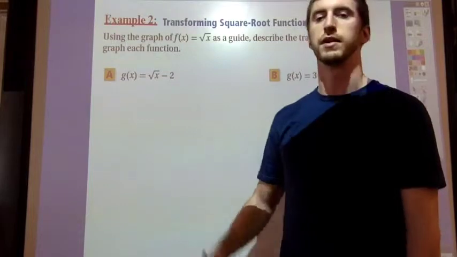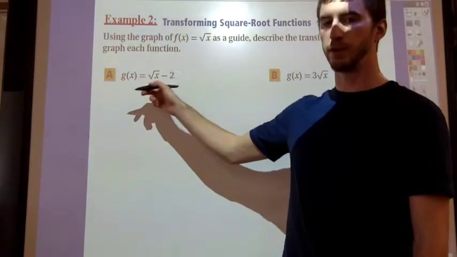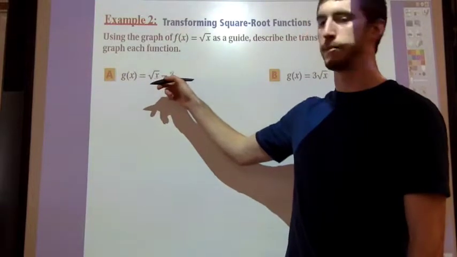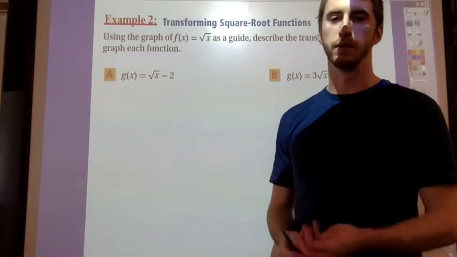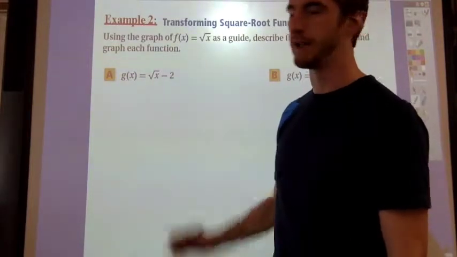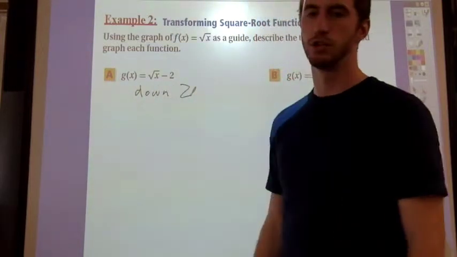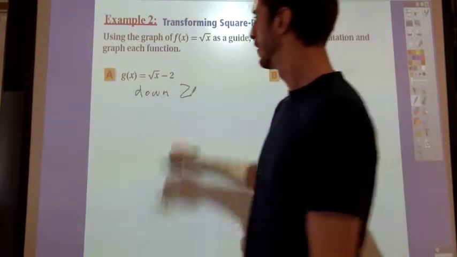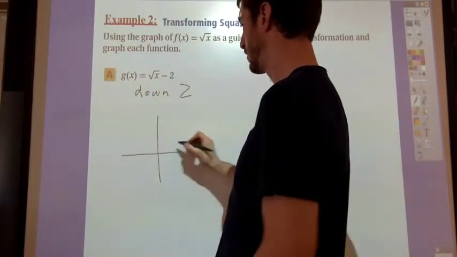Sorry, I keep saying x squared. Square root of x. Our parent function is square root of x, and then we've got minus 2. So we know from what we know about transformations is that this was shifted down 2 units, right? So to graph this, I'll go ahead and graph my parent function first.